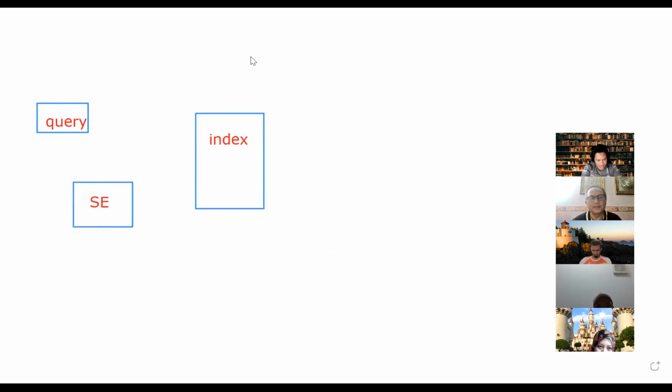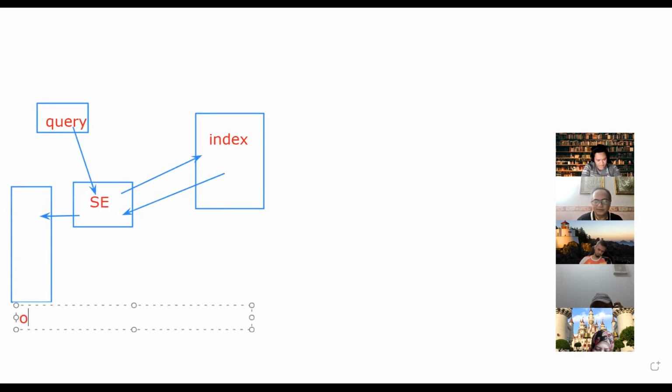Not search the web. It searches the index. The index will provide, and then they will give the output to the customer. The output will be a list of the links that you see in your browser. Okay. Then the next question: who built the index?